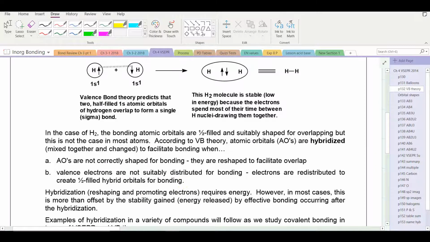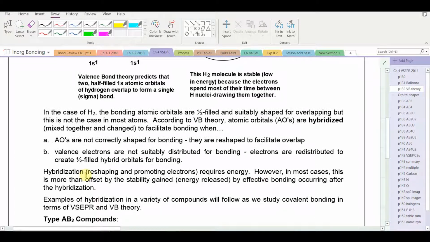Now this hybridization, reshaping and promoting electrons, requires energy, but in most cases this is more than offset by the stability gained by effective bonding that occurs after the hybridization. So we're going to look at examples of hybridization in a variety of compounds as we study covalent bonding in terms of VSEPR and valence bond theory.